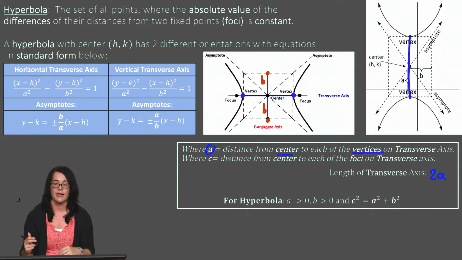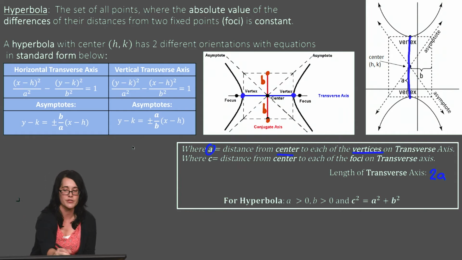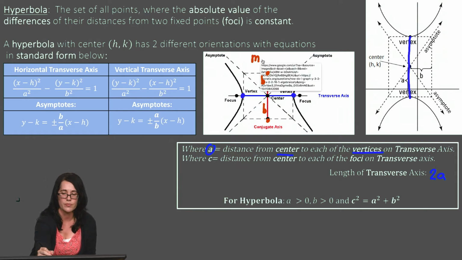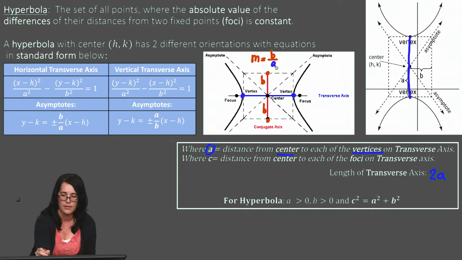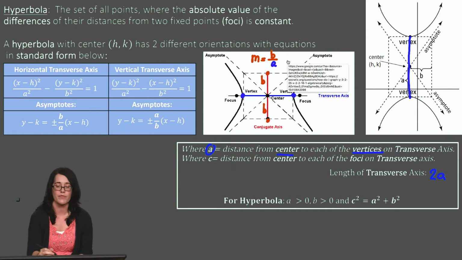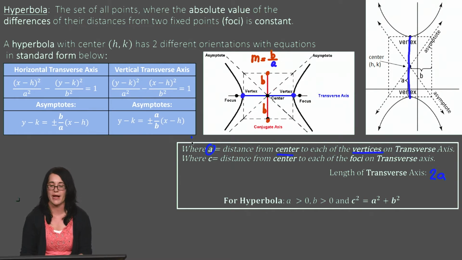You would actually get, eventually, using the idea of b over a, so remember that slope was rise over run, so in this case, b over your run, which is your a, this would be the slope of your asymptotes.